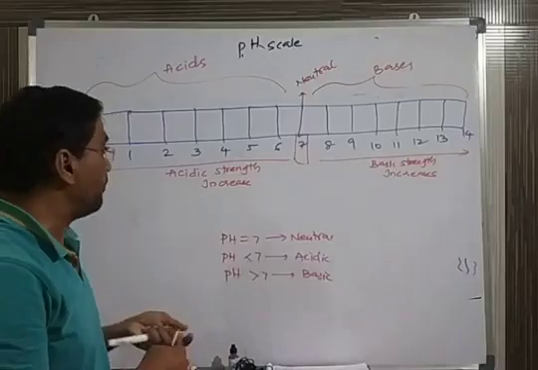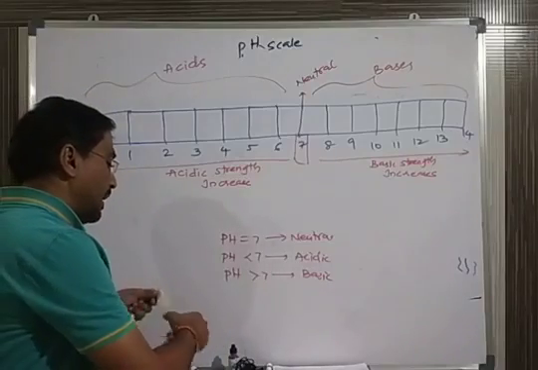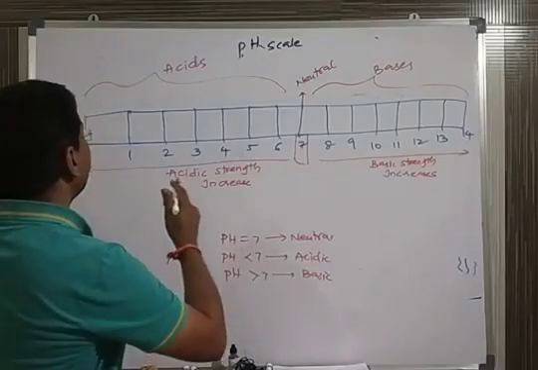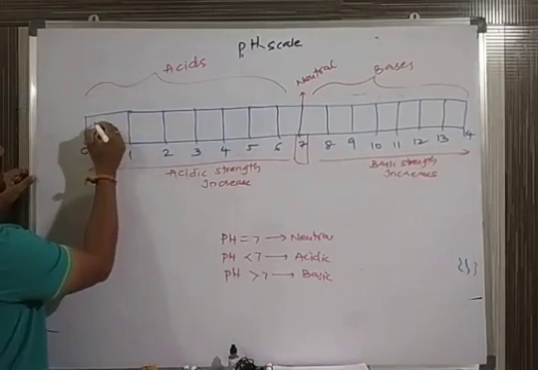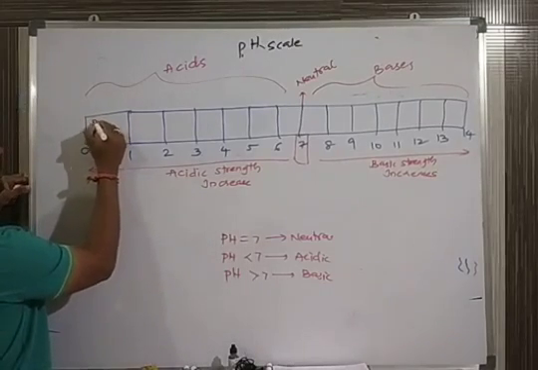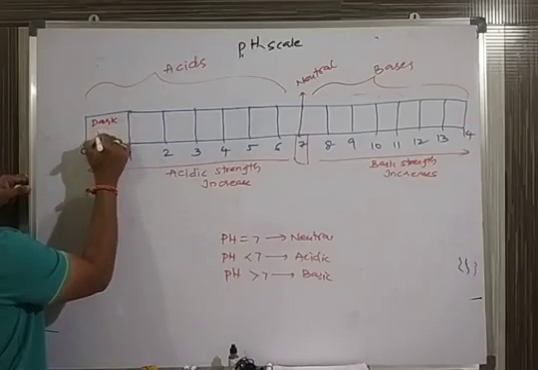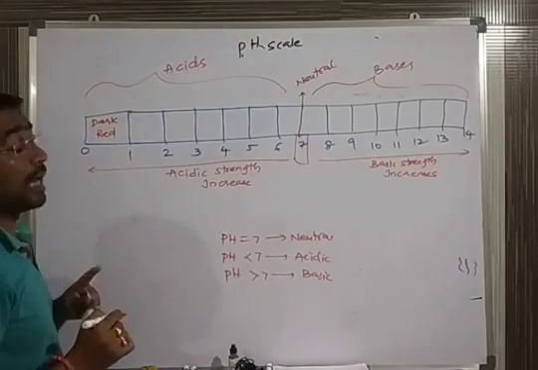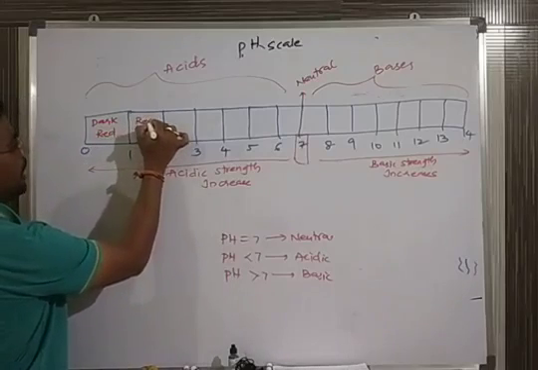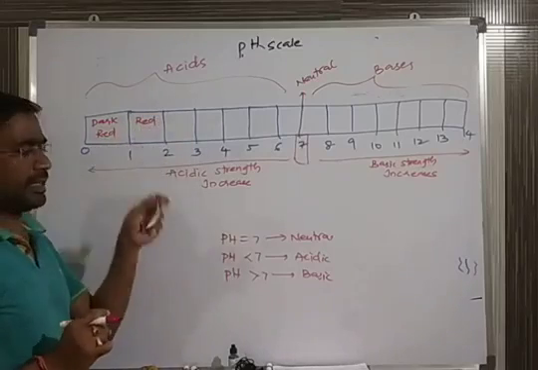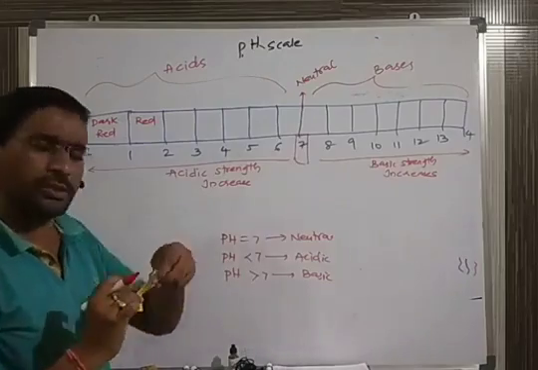Now I will give you the values. If it is 0 to 1, it is dark red color. This color will be red. You can also distinguish the colors.